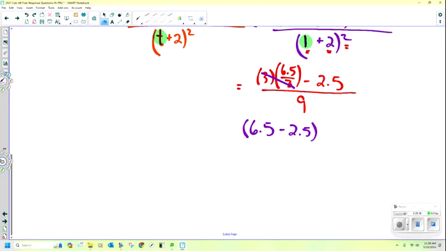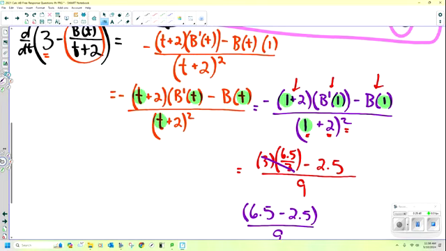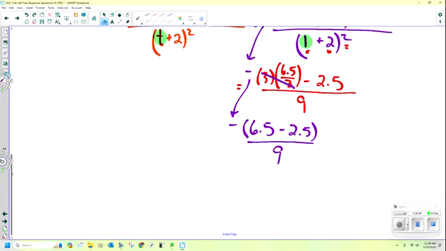I forgot something in that fraction. Minus. That is going to make a big difference. So we have negative 4 over 9. This is the second derivative at time equals 1.